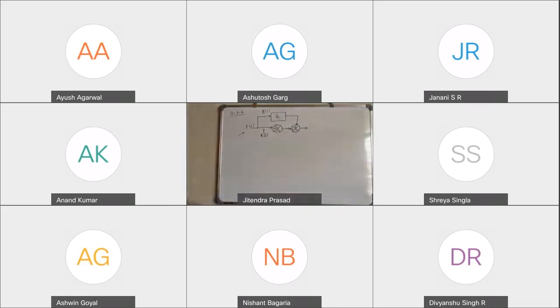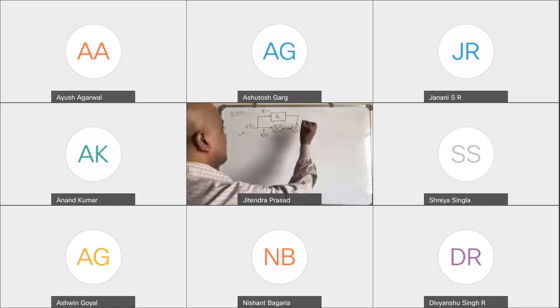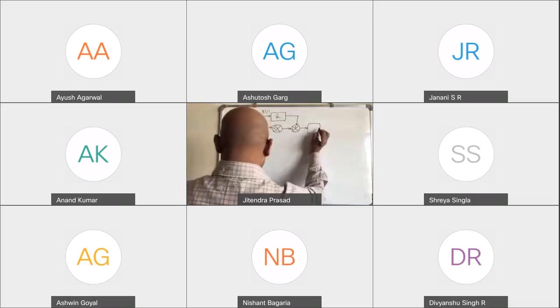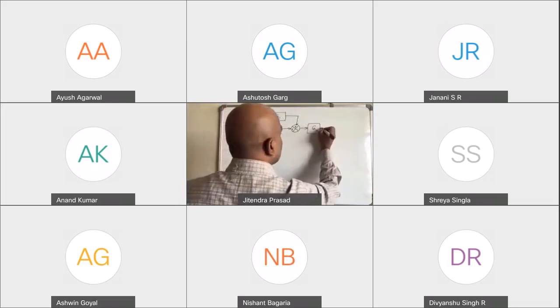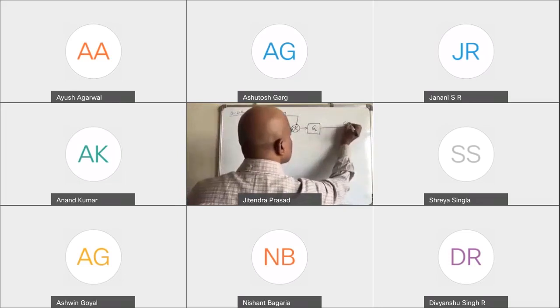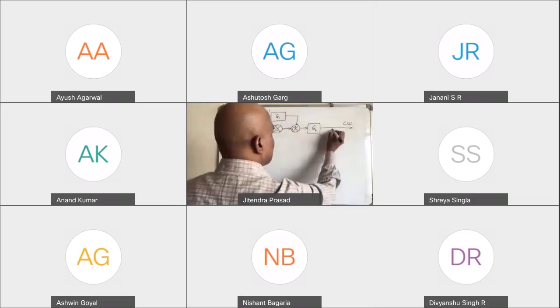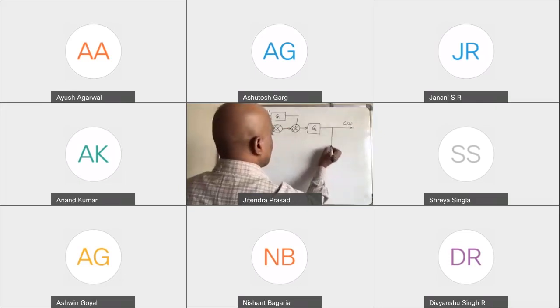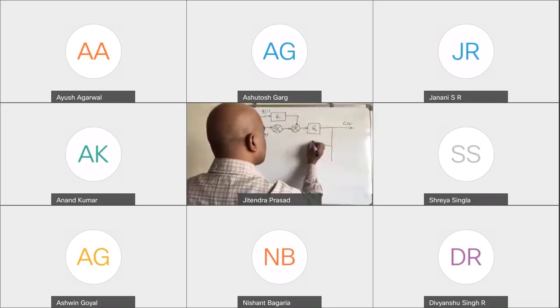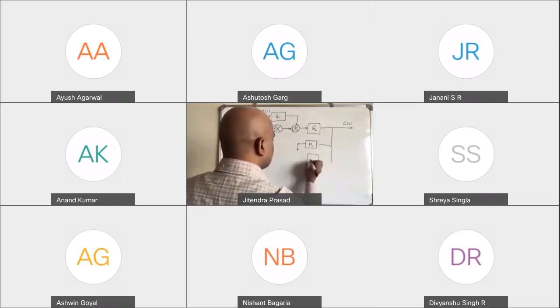Okay, so let me draw it. So we have this, and after that we get G2, and here we get CS. Then we have it going like this, and then we have H1 here, and here the H2.